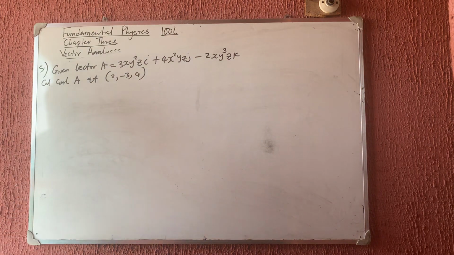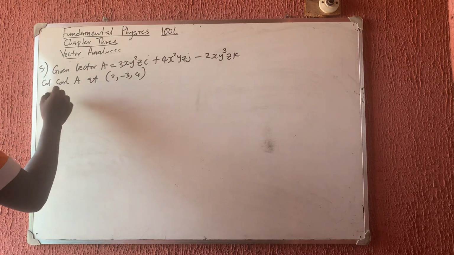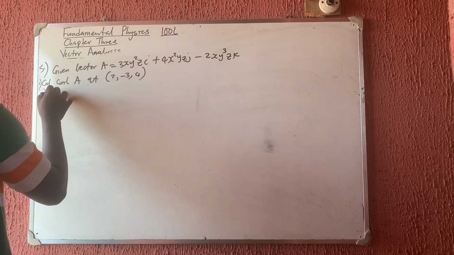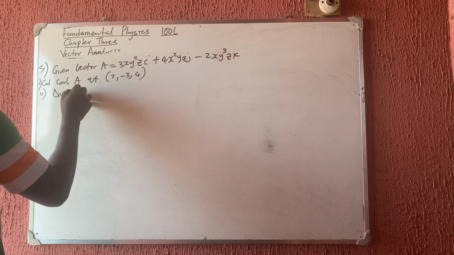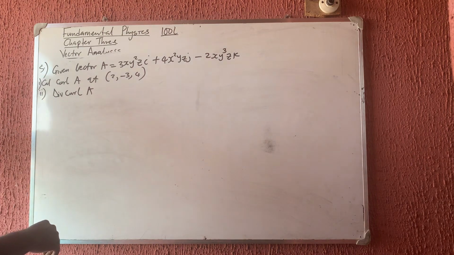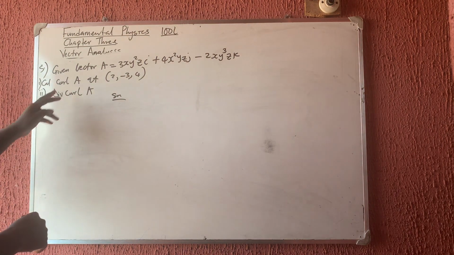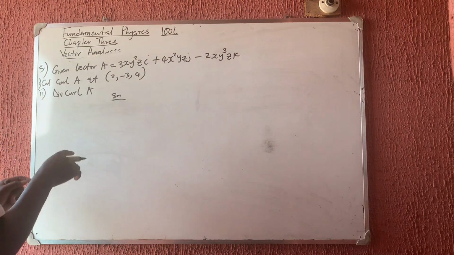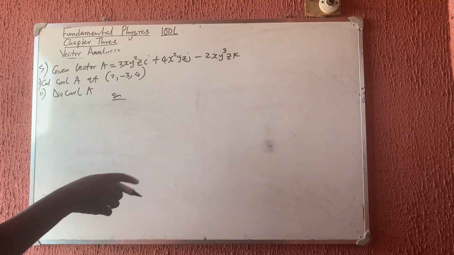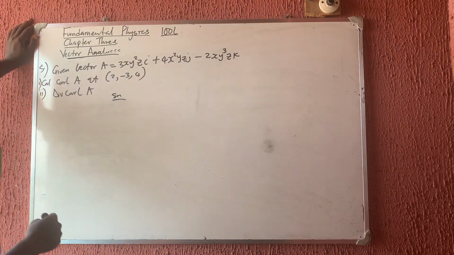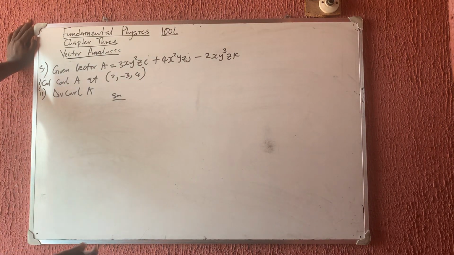Right? And I told you that, and this is for i, they say so you should calculate div curl A, right? Solution. Now I told you that whenever you hear curl it means the cross product, while div means the dot product. Okay. Then gradient is when it works with a scalar.